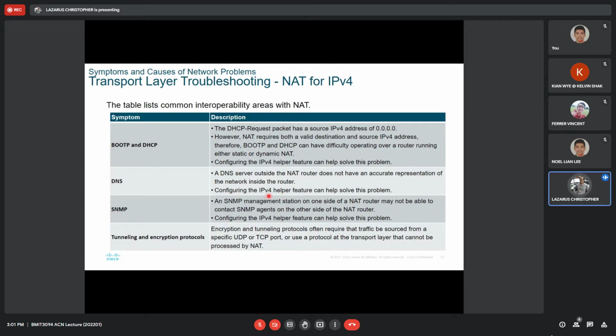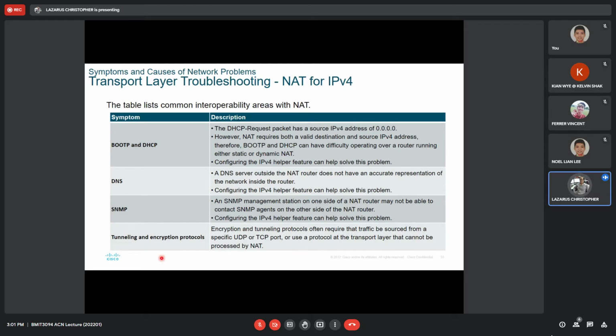If you don't, DNS probably cannot work if the DNS server is outside your NAT router. And then we have SNMP. SNMP may not work over a NAT router because of the translation of the addresses, and you need the IPv4 helper feature. It's a similar problem to DNS.